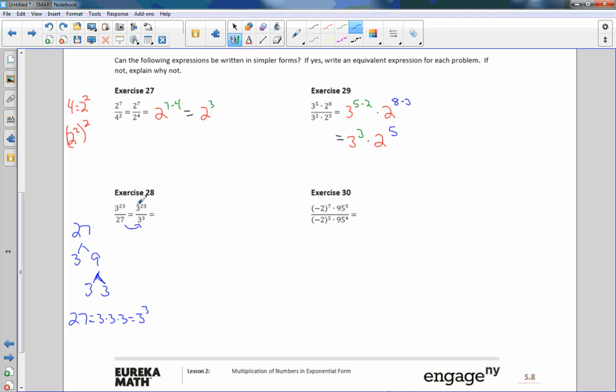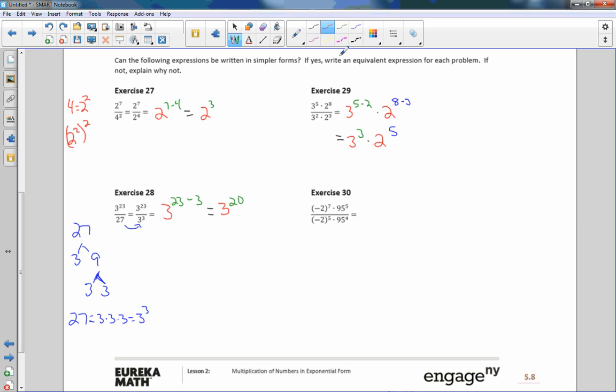Okay, now we have the same base. So if our bases are the same, 3 and 3, our simplified form's base will still be 3. Then we take our exponent, 23 minus 3, and that will yield the simplified version. That tells us our base stays 3, and our exponent is 23 minus 3, which is 20.